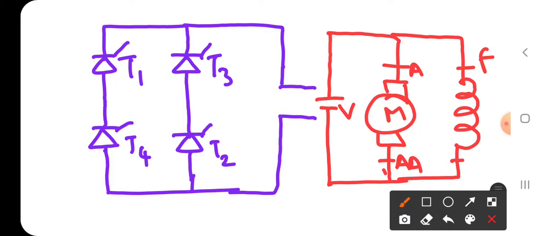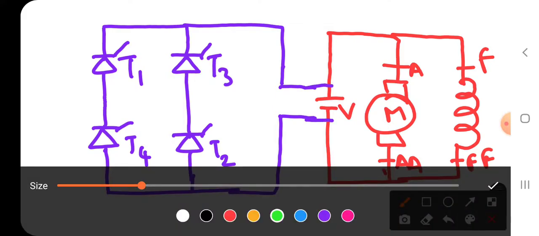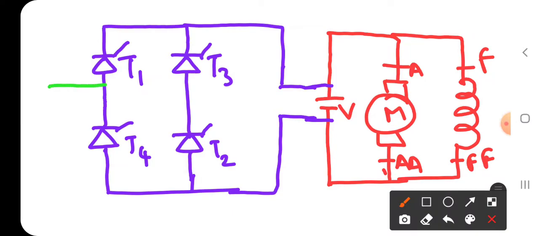This is F and FF. In the next class I will tell you how it is for the series motor. Here also VLN is equal to Vm sin omega t.